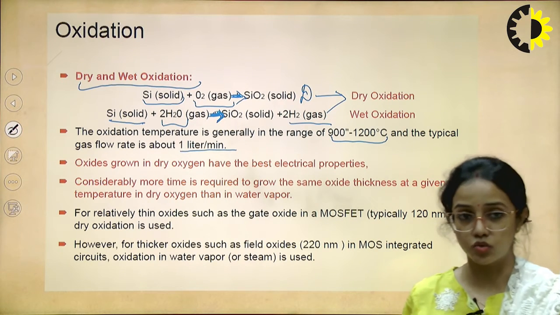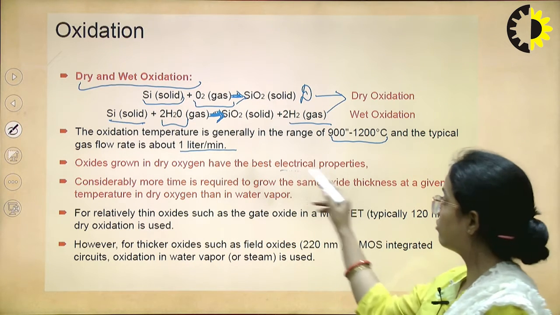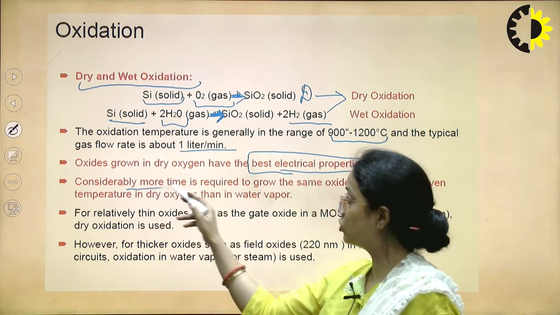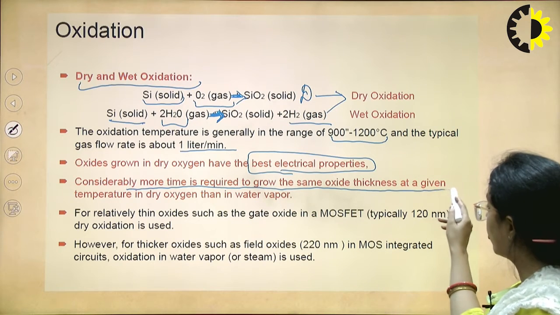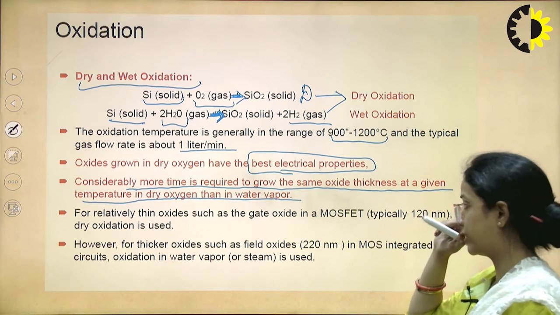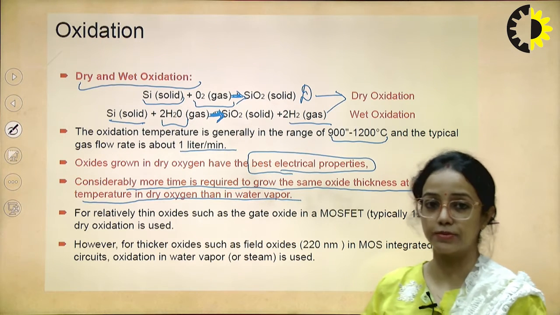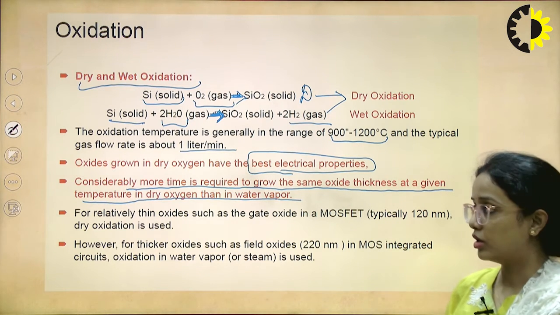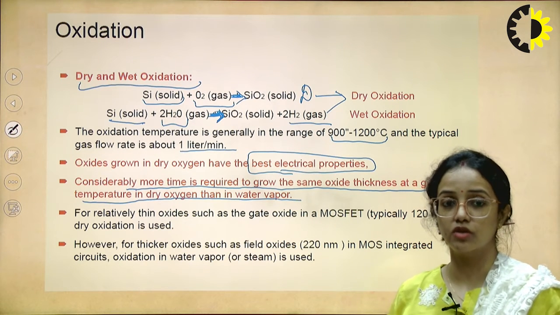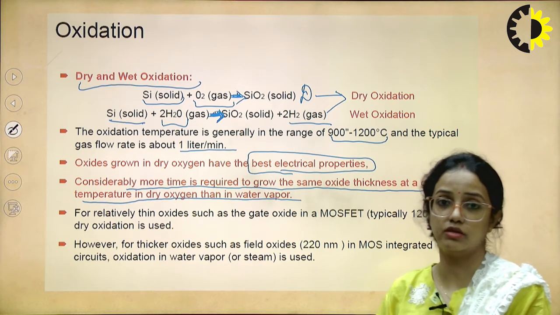Oxides can be grown in a dry environment, and for this we will have better electrical properties, but considerably more time is required to grow an oxide of the same thickness at the same temperature in dry oxygen than in wet. Let's say we are doing the process in the absence of water, in the absence of a wet environment.